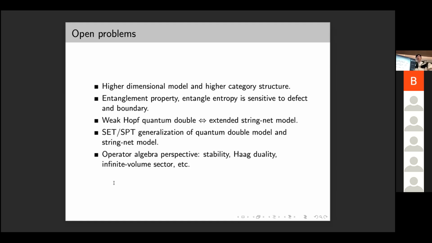Because we know this quantum double model is a clear topological model, can we take the thermodynamic limit using operator algebra tools like the AF algebra? We take the AF algebra, consider all the Weyl operators, and discuss the states and its topology or other physical properties. Yeah, so I will stop here.